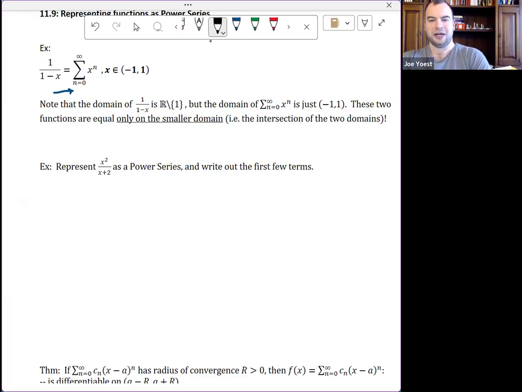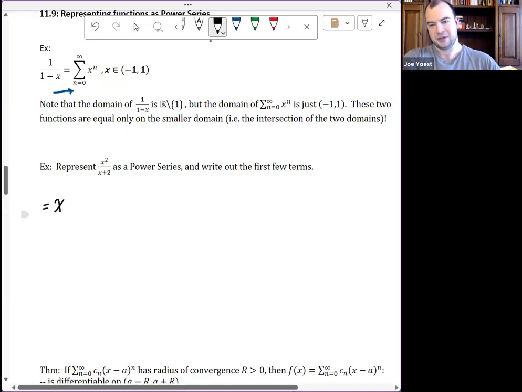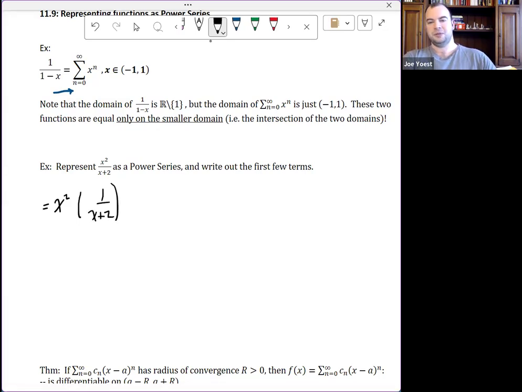But I can do a little bit of algebraic manipulation here. I noticed that x squared over x plus 2 is x squared times 1 over x plus 2. We're starting to look a little bit like this left-hand side.